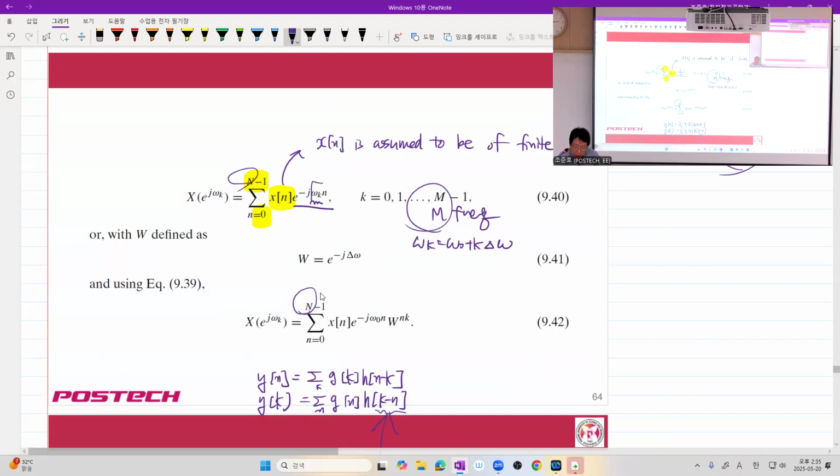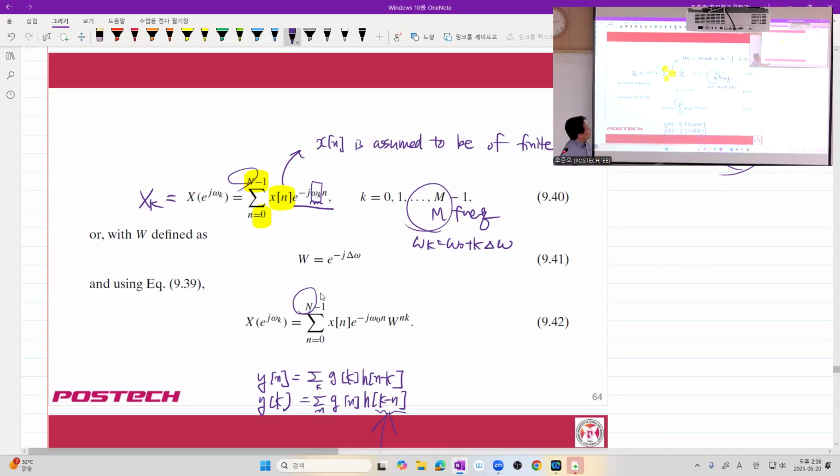But anyway, they wanted to choose capital M different frequencies with frequency index k. This is kind of x of k in the Wikipedia page. Got it? So don't be confused by the indices. Anyway, very similar to the Wikipedia page.